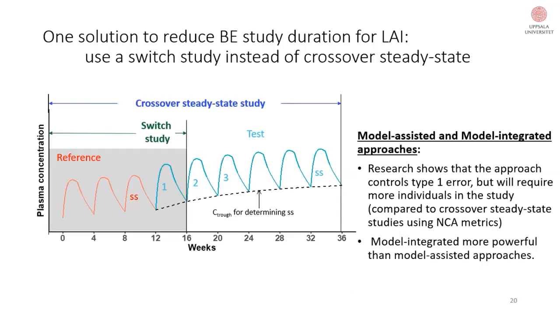Research shows that both the model-assisted and model-integrated approaches can help you control type 1 error, but it will require more individuals than the crossover steady state study. And how many more individuals will depend on the situation that you're looking at. We find also that the model integrated approach is always more powerful than model assisted approaches, and in some cases, many times more powerful.